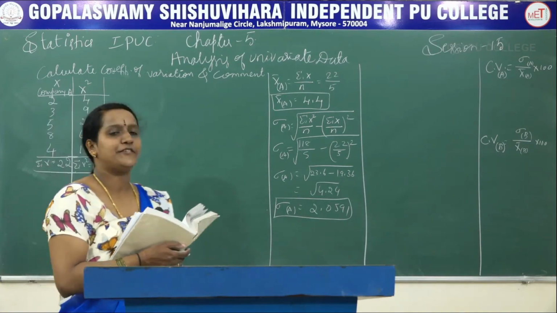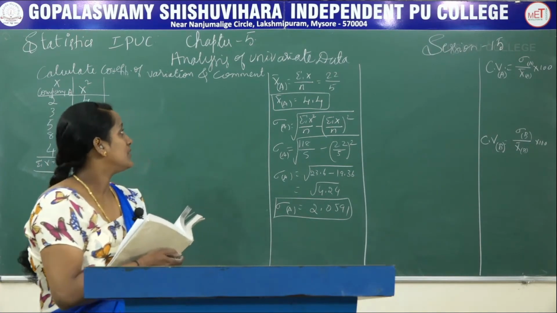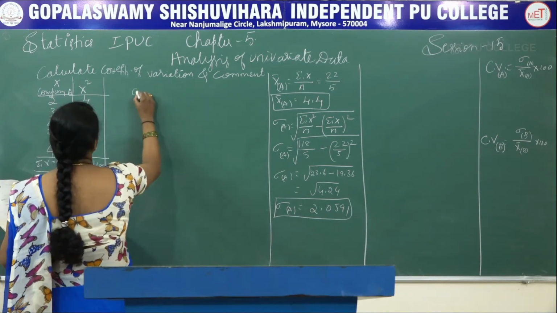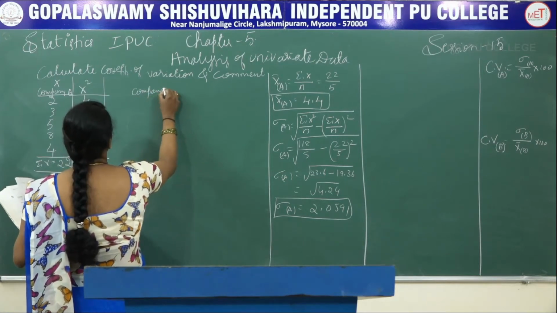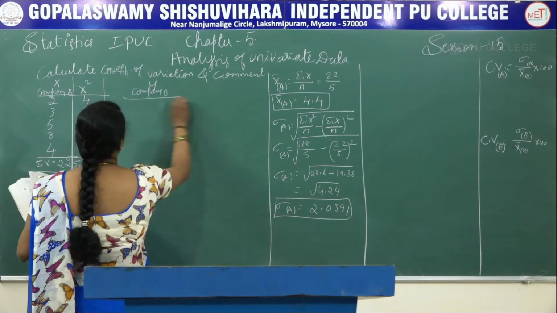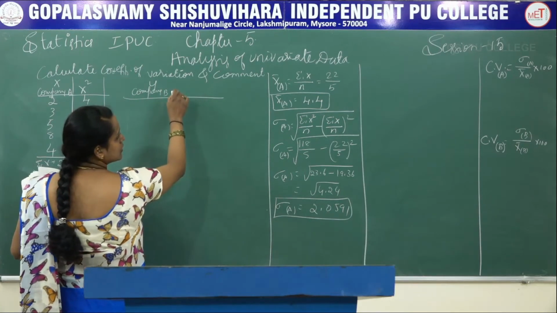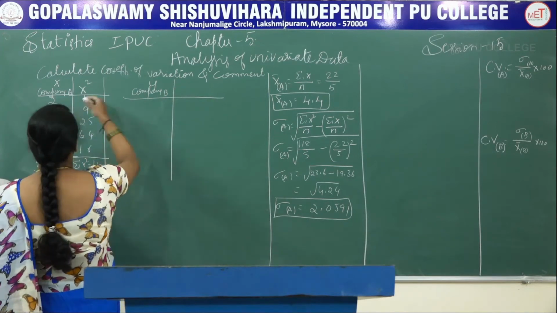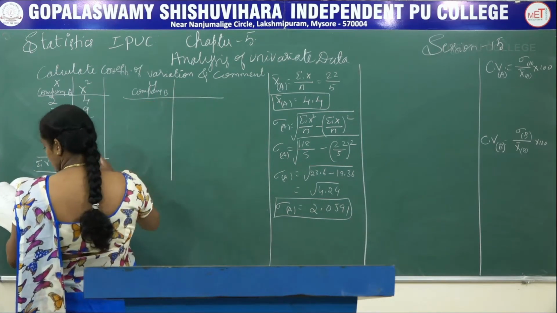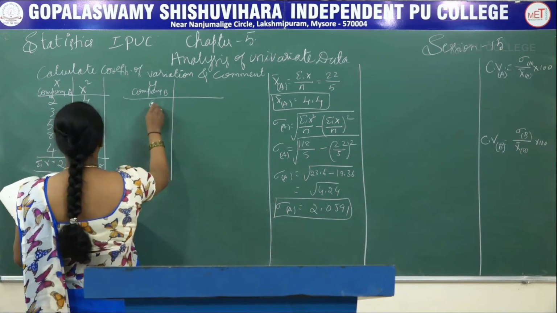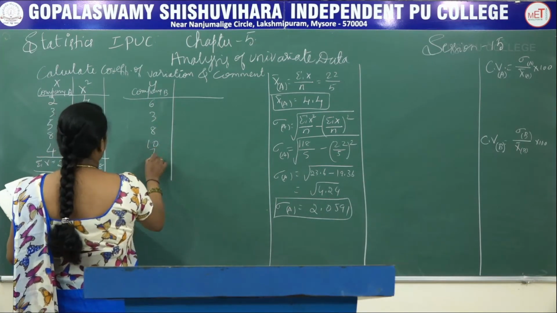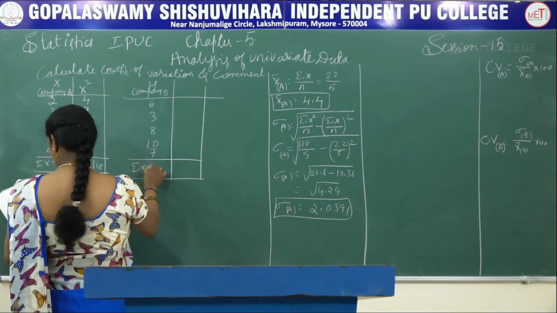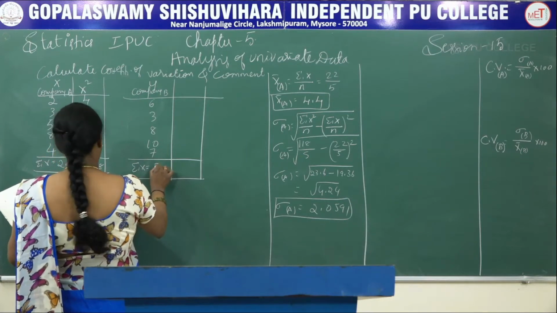And similarly, we have to calculate the mean and standard deviation for company B. This is for company A. Next is company B. Company B, we call it as Y. Company B values are 6, 3, 8, 10 and 7, and the total of this is summation of Y equal to 34.